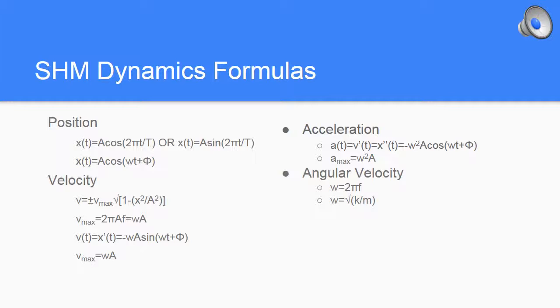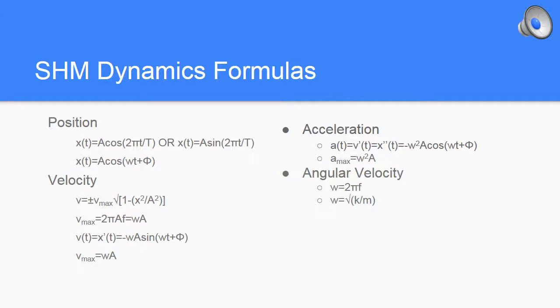We can also find the maximum velocity by multiplying 2 pi times the maximum amplitude times the frequency, and this would be equal to the angular velocity times the amplitude, which we can also see from the velocity function is the maximum velocity, because once that sine of ωt plus the phase constant goes to 1, that'll be where we have our maximum velocity.